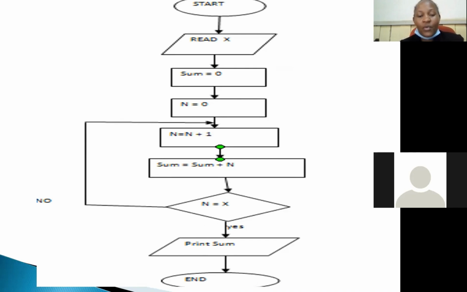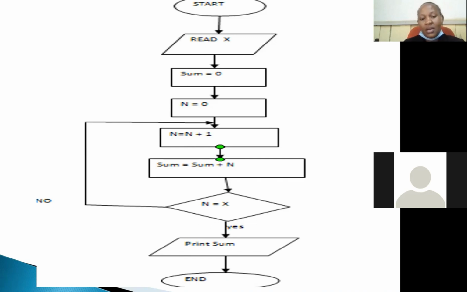From there we execute the statements before we make a decision, whereby n is incremented by 1, sum is incremented by n, and then a decision is made: n equals x? If it is true, the value of n equals the value of x, then sum is going to be printed. Else, if the value of n is not equal to the value of x, then the flowchart is going to loop.